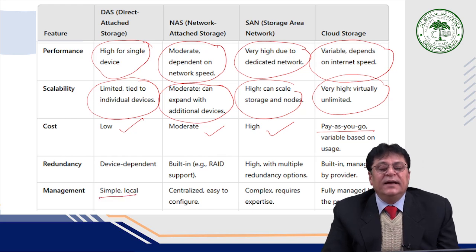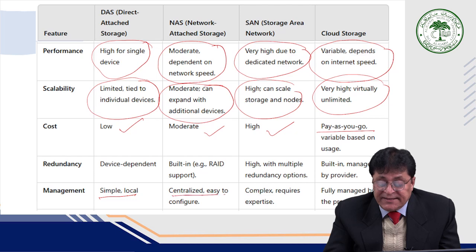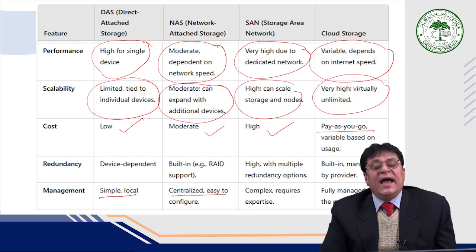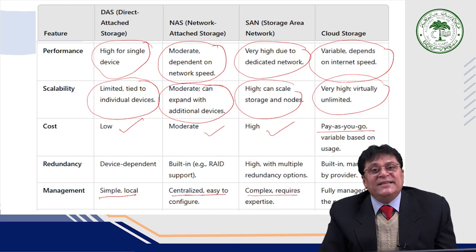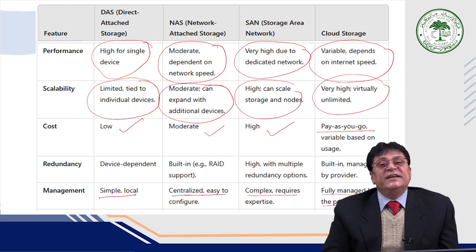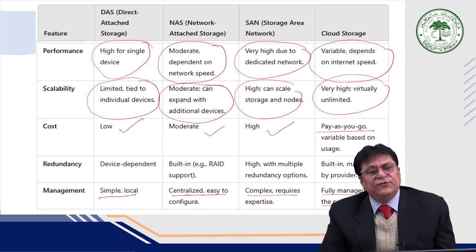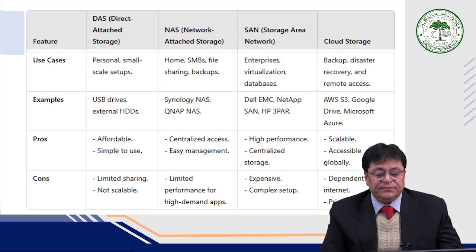Management, in case of DAS, is simple and local. In case of NAS, it is centralized and easy to configure. In case of SAN, it is complex and requires expertise. And in case of cloud storage, it is fully managed by the cloud service provider.